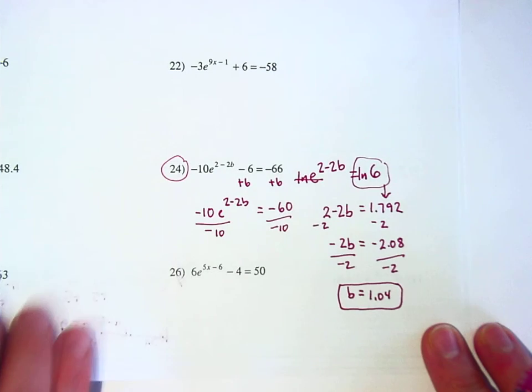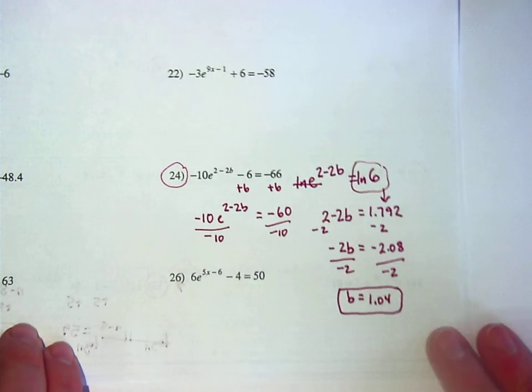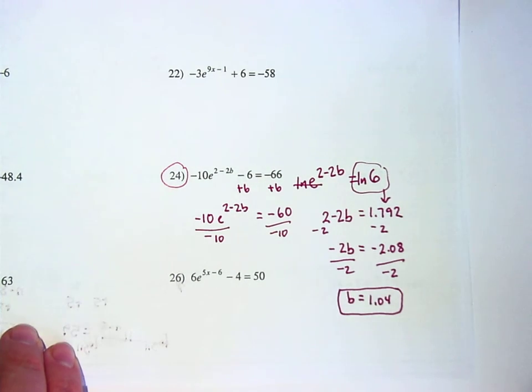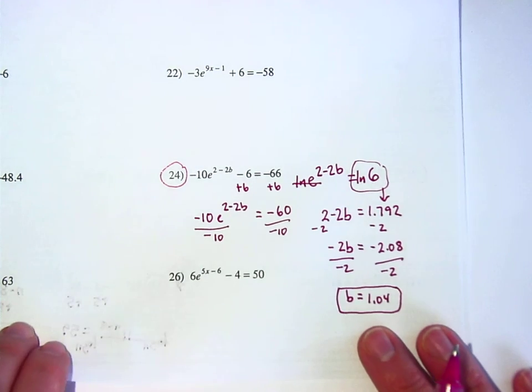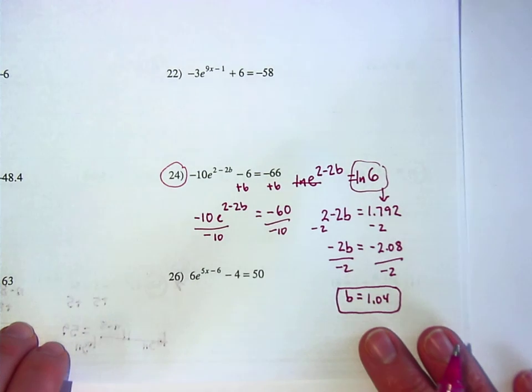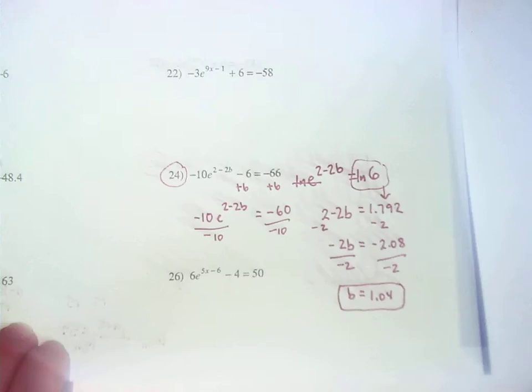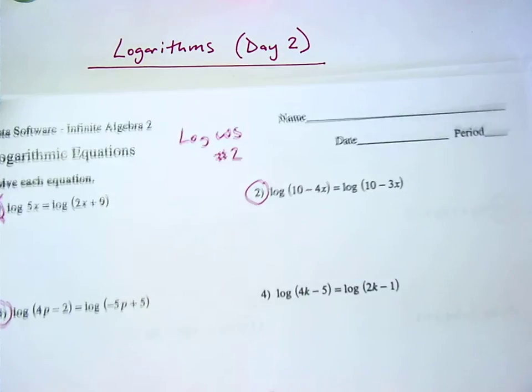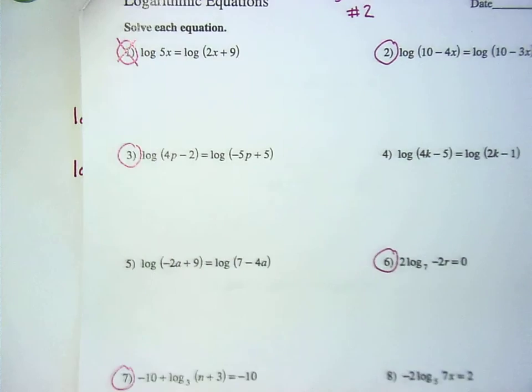Okay, now this first stuff is stuff that I'm just kind of trying to reinforce what I taught you yesterday. And the second page is all brand new things. Anybody have any questions to me about number 24? Caitlin, it looks like you almost have a question. No? Okay. All right. We're going to do number 3.